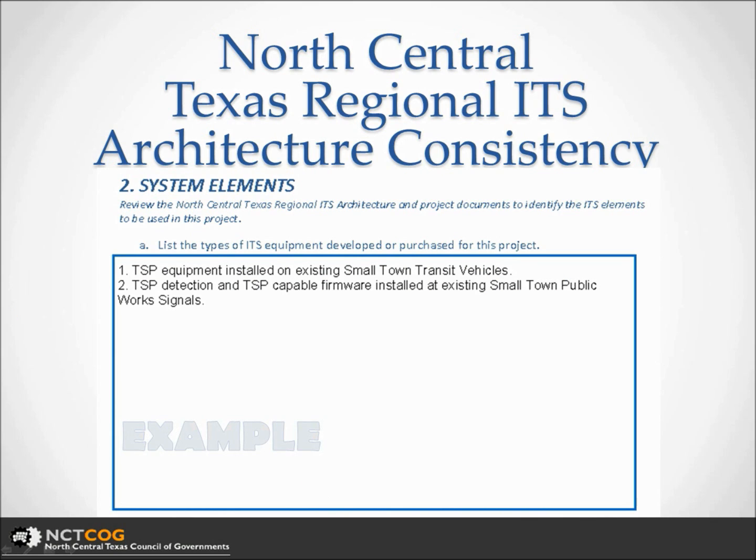The form is completed to show that the equipment that will be purchased for this project is the TSP equipment installed on existing small town transit vehicles and the TSP detection and TSP capable firmware installed at existing small town public works signals. TSP means transit signal priority.